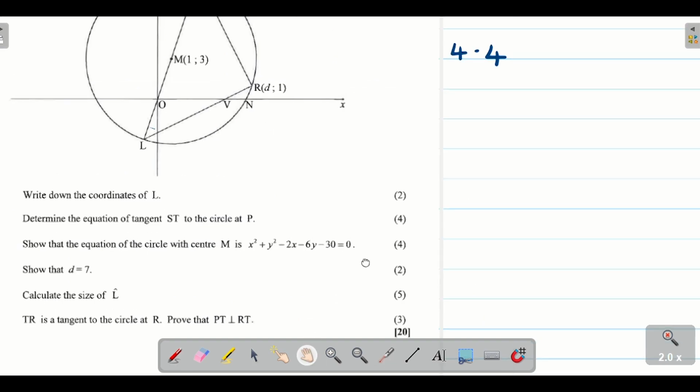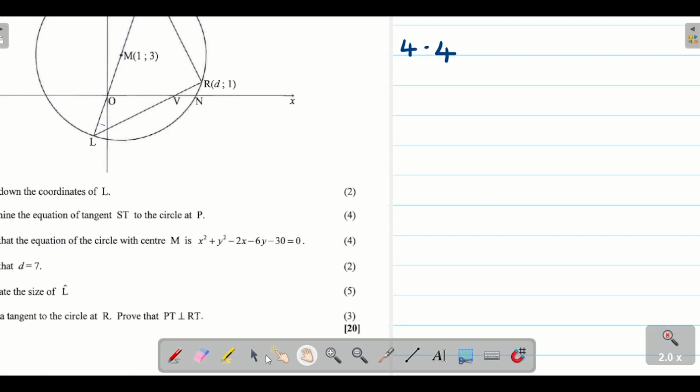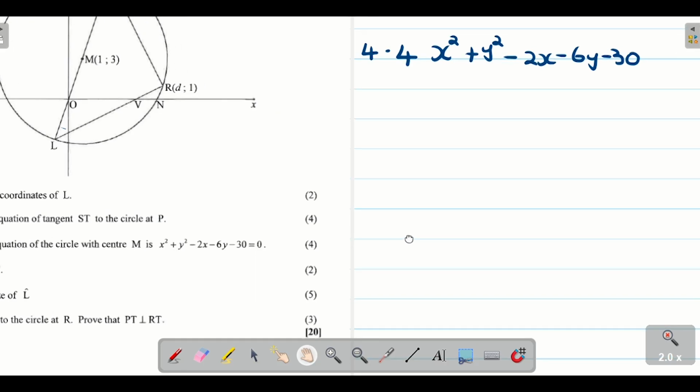So the equation of the circle is here. It's x squared plus y squared minus 2x minus 6y minus 30 equals 0.